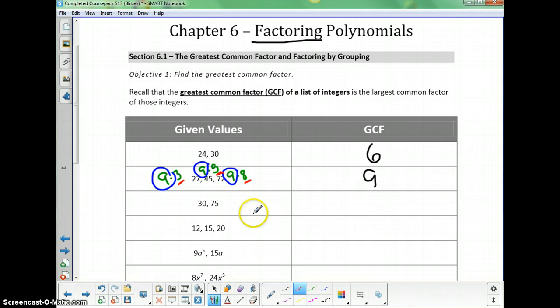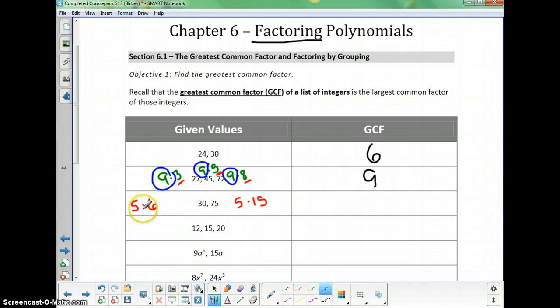Okay, let's look again at 30 and 75. I was going to say 2 times 10, but let's go with 5 times 6 instead, because I know that 10 and 2 don't go into 75. So 30 is 5 times 6. 75 is 5 times 15.